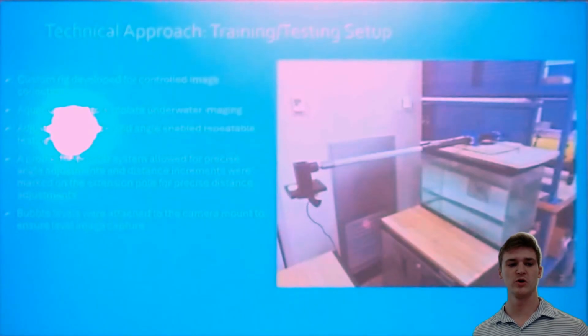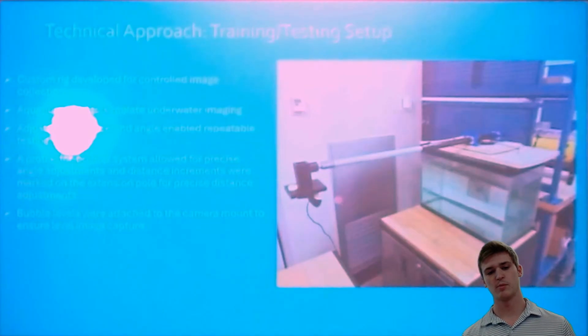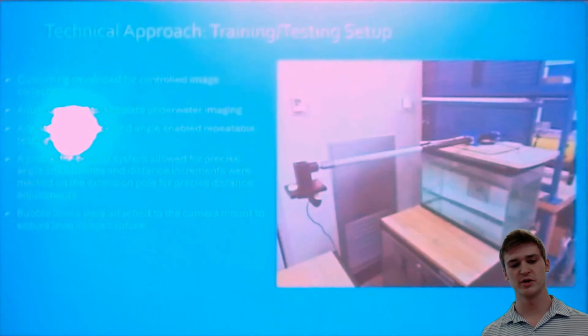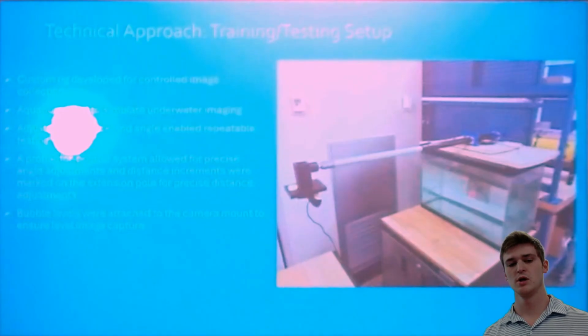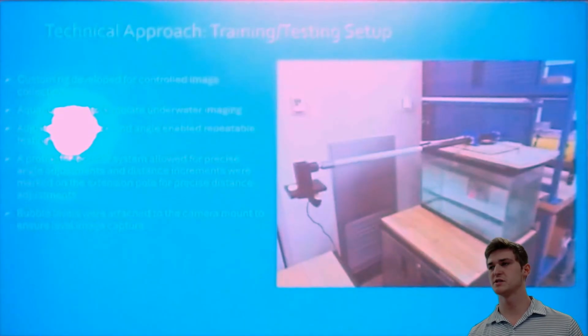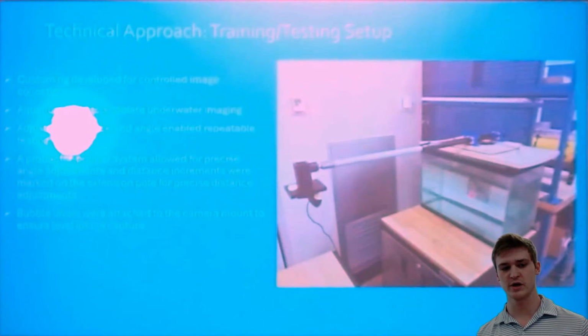So I developed a custom rig for controlled image collection, and I used a camera on this 3D printed camera mount to look through an aquarium at the different targets. And this kind of simulated, to some extent, some of the effects of underwater image collection with distortion and scattering effects.